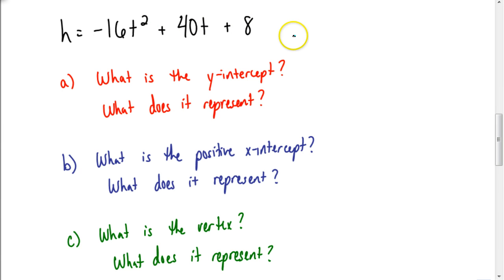If I put 0 in here for t, my y-intercept would be the point where x is 0, y is 8. And this represents the initial height, or where the ball is being thrown from. So the y-intercept represents the initial height. So the ball is being thrown from a height of 8 feet.